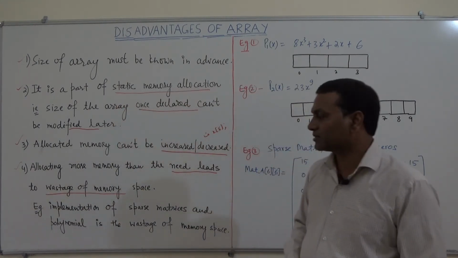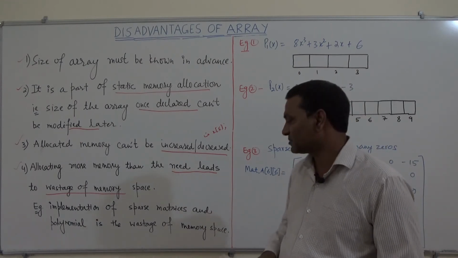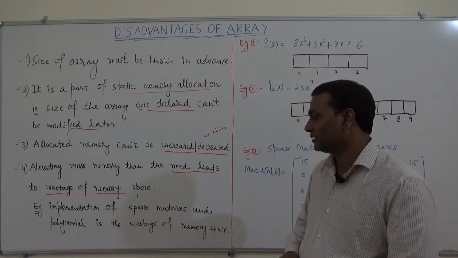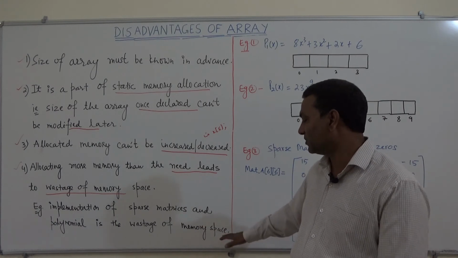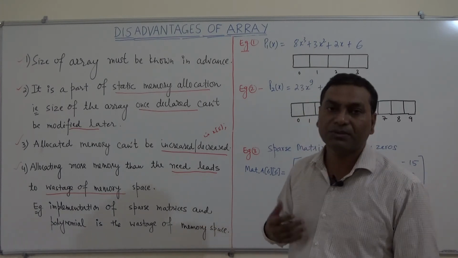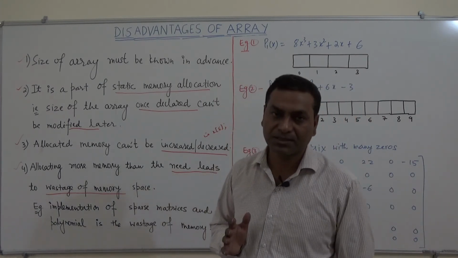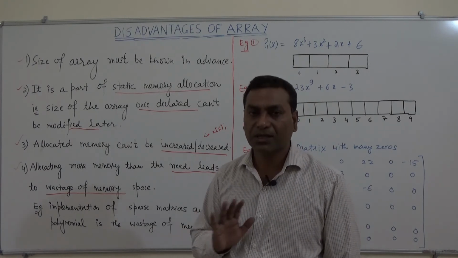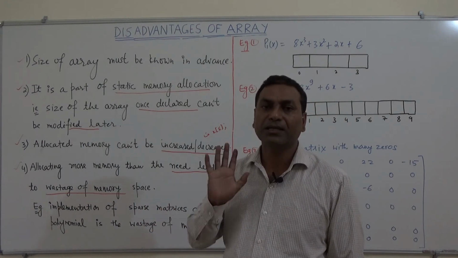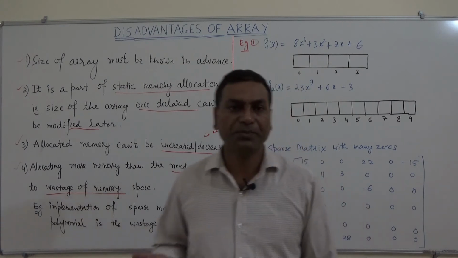For example, in the implementation of sparse matrices and polynomials, this is the wastage of memory. So if we want to implement a polynomial or sparse matrix, then array is not recommended, rather linked list is recommended. Now let us see how it happens.